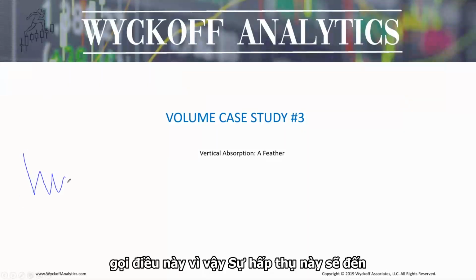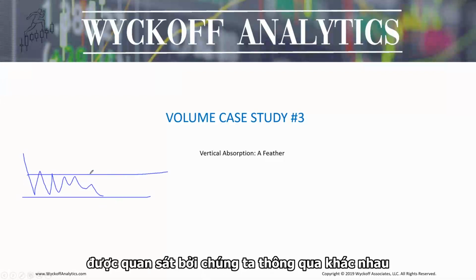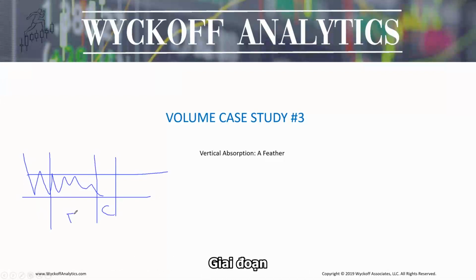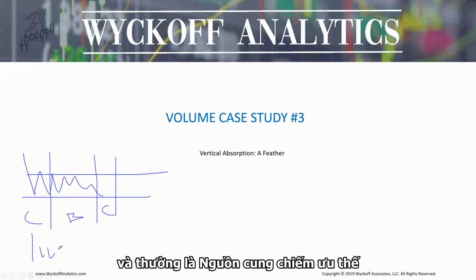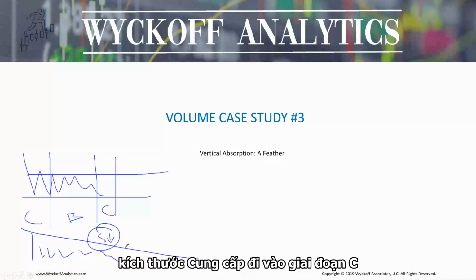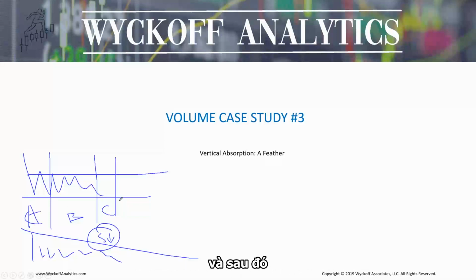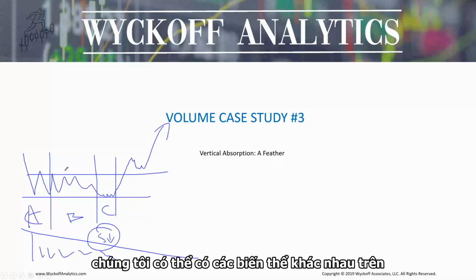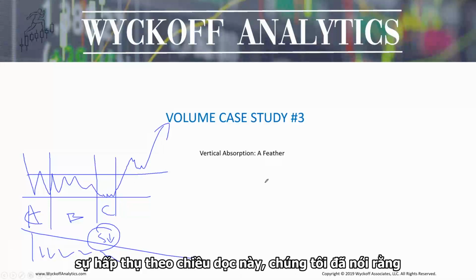So this absorption is going to be observed through different phases. And usually the predominant supply signature is going to be diminishing supply going into phase C, and then we could have different variations on this.